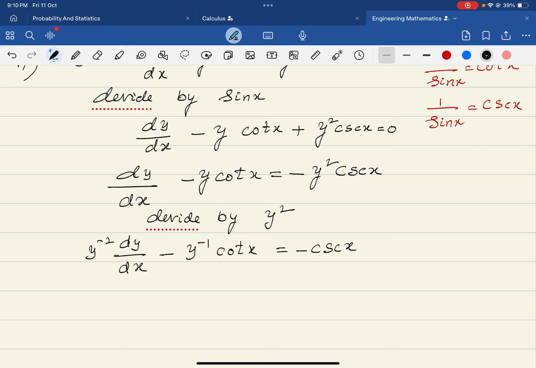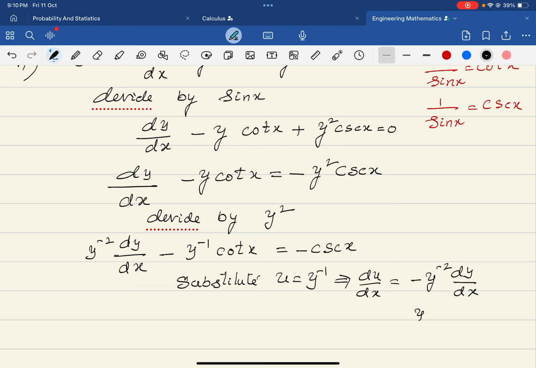Now we substitute, same procedure. Substitute u is equal to y power minus 1. So the derivative of u is minus y power minus 2 dy by dx.